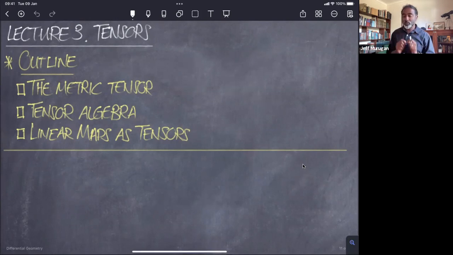And I said that the reason we wanted to do this is not particularly because we wanted to be able to manipulate vectors easily, although that's one of the nice things about that definition. It was because we wanted to generalize vectors.